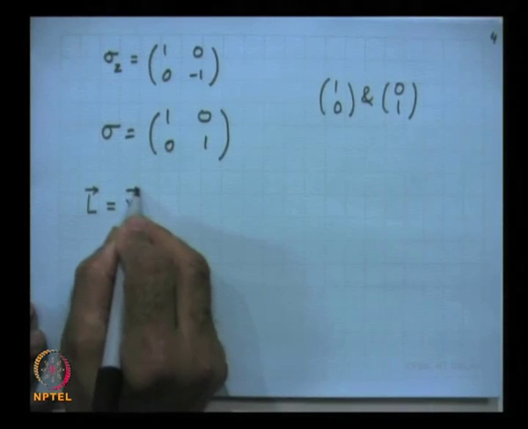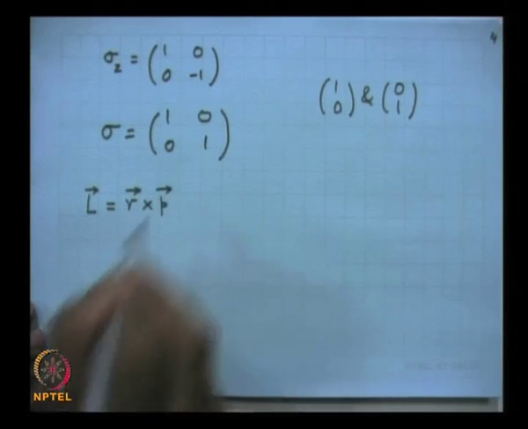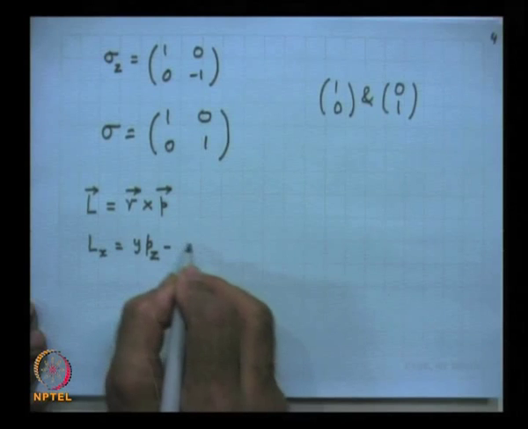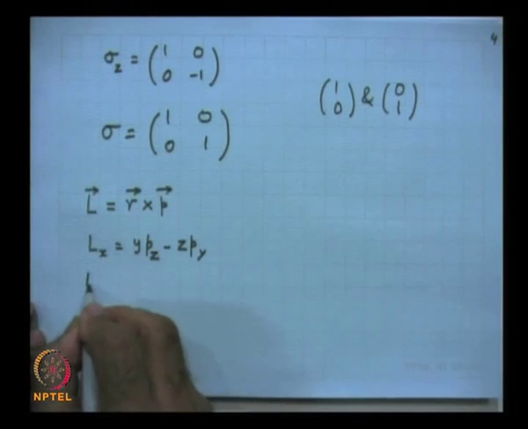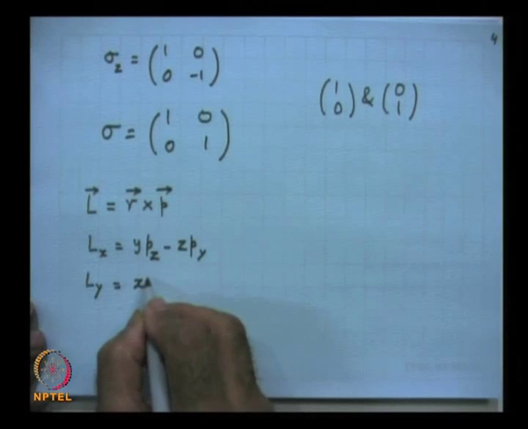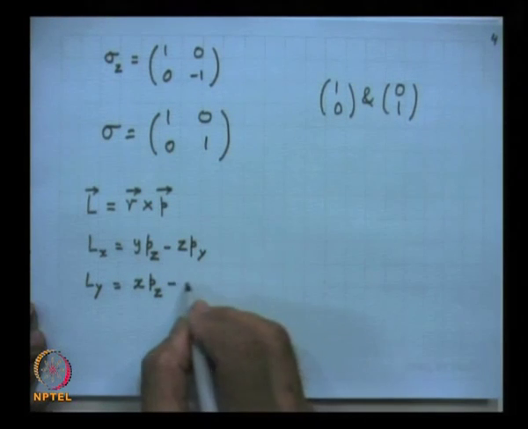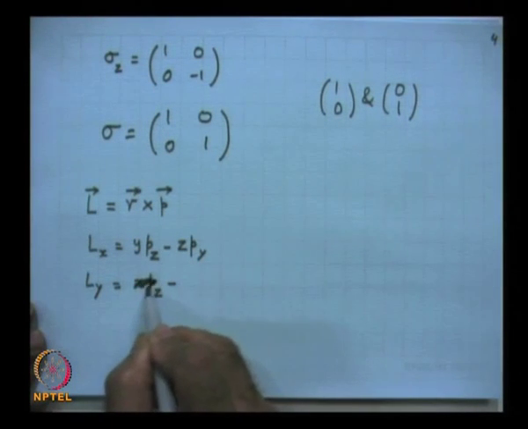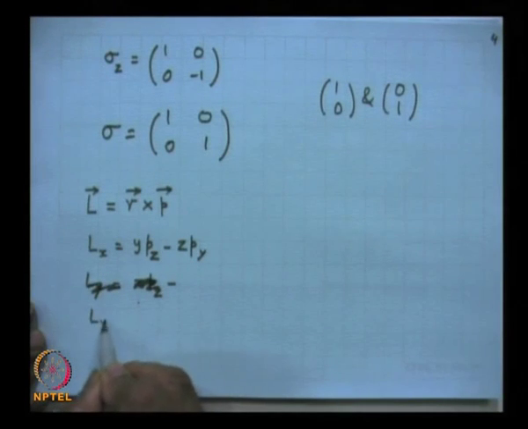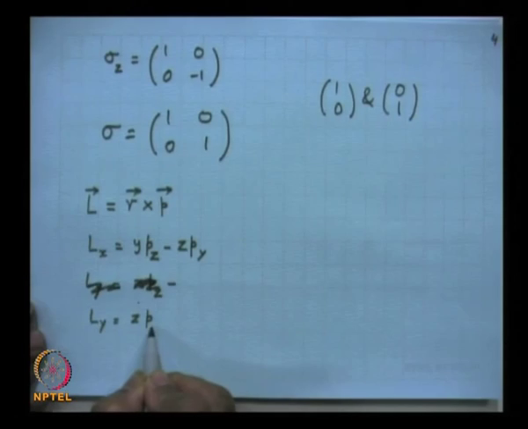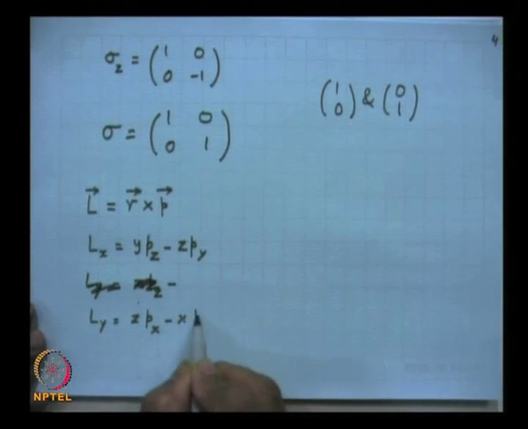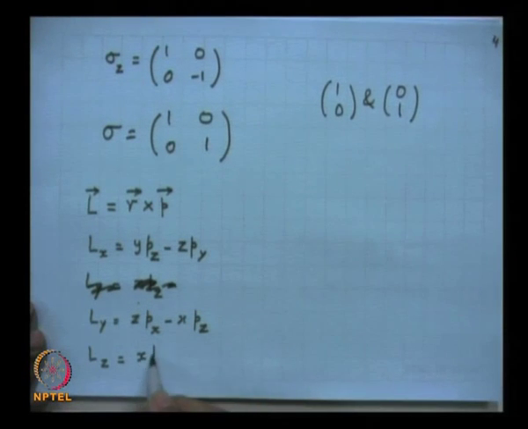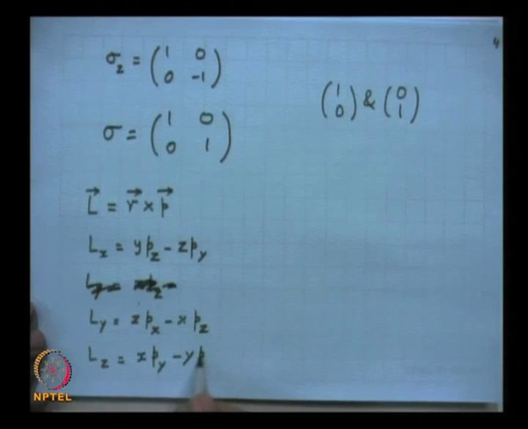We start with the classical L equal to R cross P, so that Lx is equal to y pz minus z py, and Ly will be z px minus x pz, they have to be in the cyclic order, and Lz will be x py minus y px.